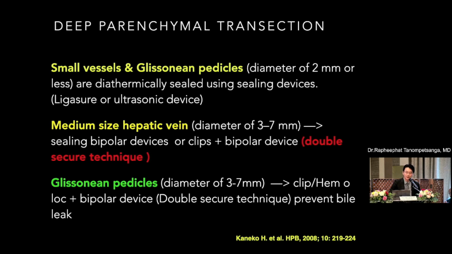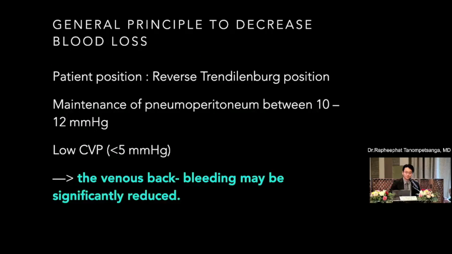But for a medium size hepatic vein, you can use the sealing device, or you can clip and seal it with the bipolar device. It's called the double secure technique. And for the glissonean pedicle, I recommend you use clip and seal because it prevents bile leak after the operation.